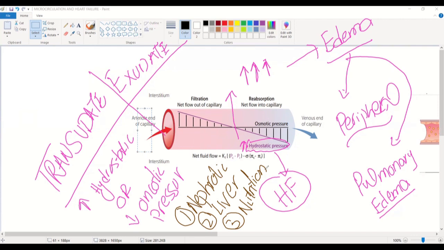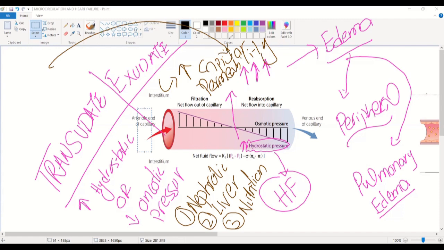What about the exudate? Inflammation, malignancy. The culprit is increased capillary permeability. Any condition that leads to increased capillary permeability leads to exudate.